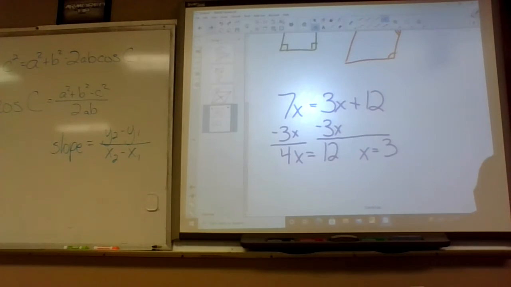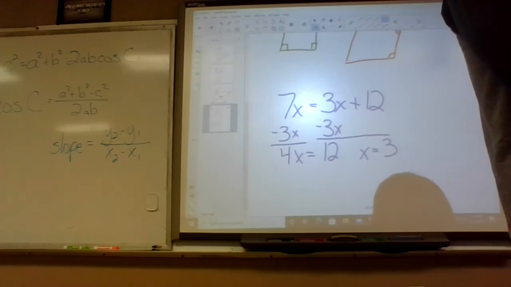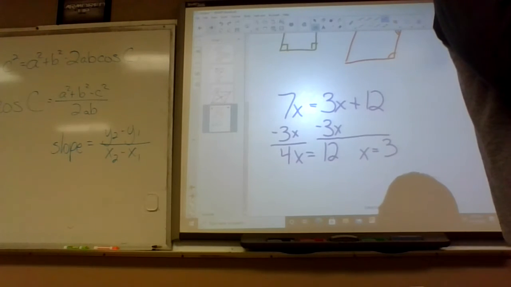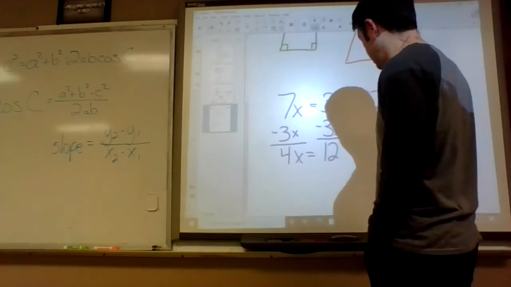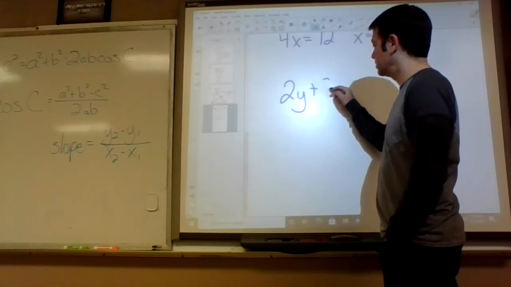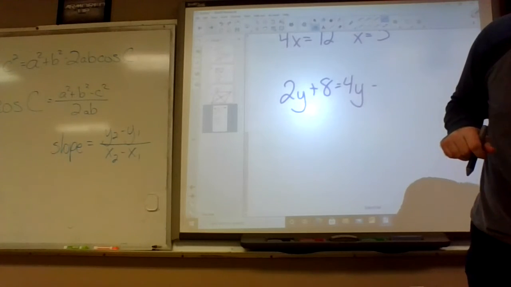QT, if QS is blah, blah, blah, and PR is blah, blah, blah. How are QS and PR related to each other? They're equal again. So 2y plus 8 equals 4y minus 2.